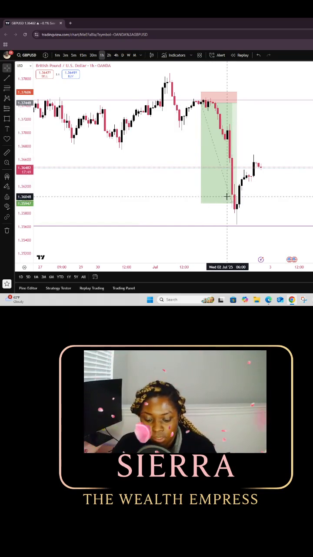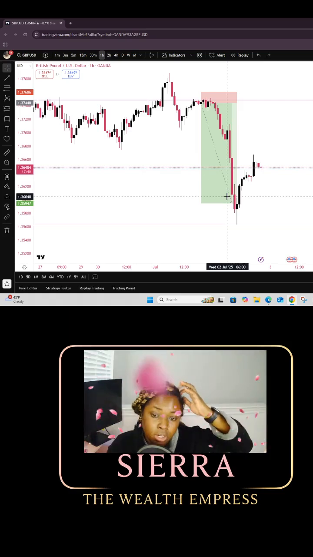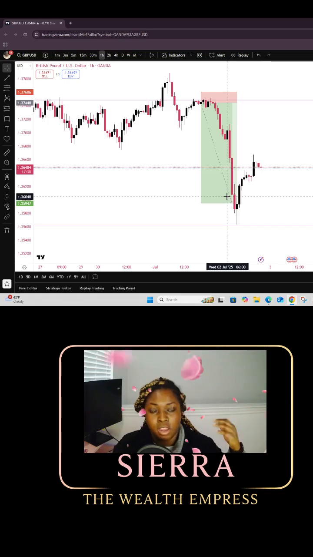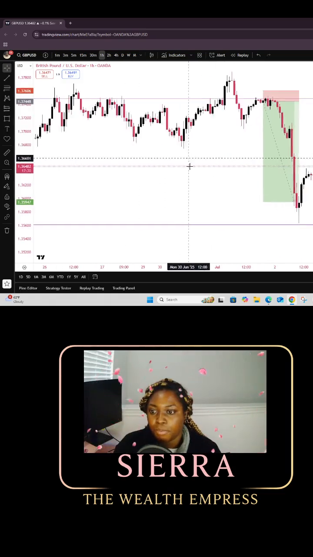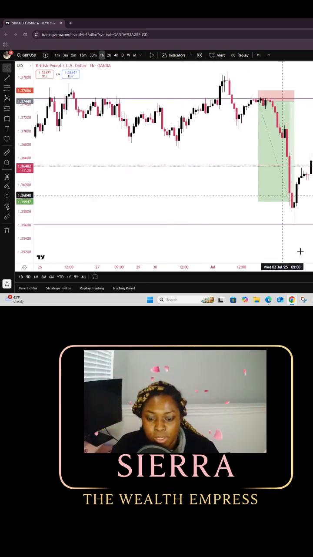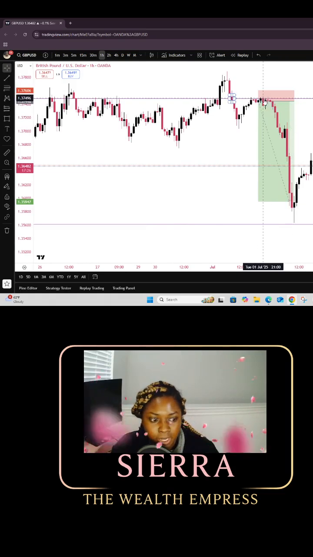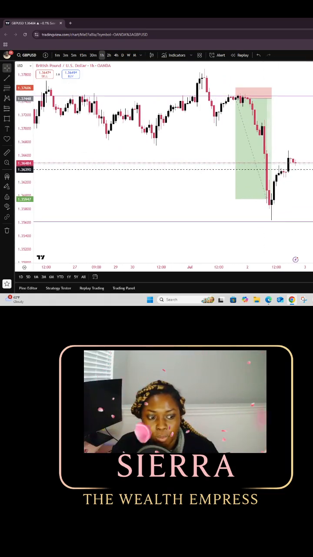So on a standard what is that? That $1,500 gain on a dollar. That would have been $150 gain on 10 cents. That would have been $15 gain. Okay. So you always want your risk to be less than what your reward is.